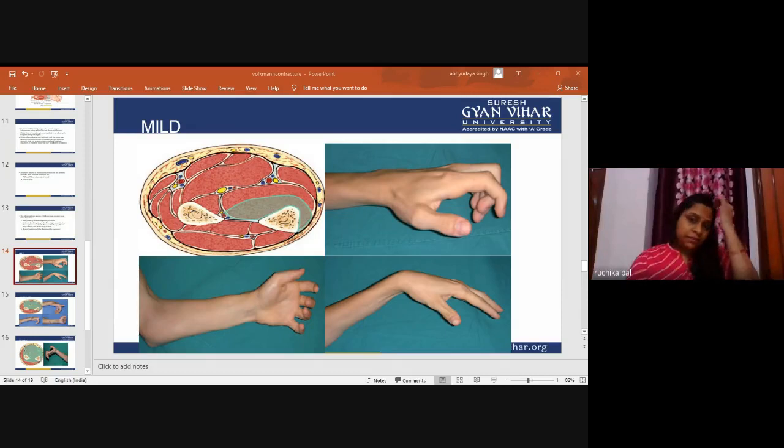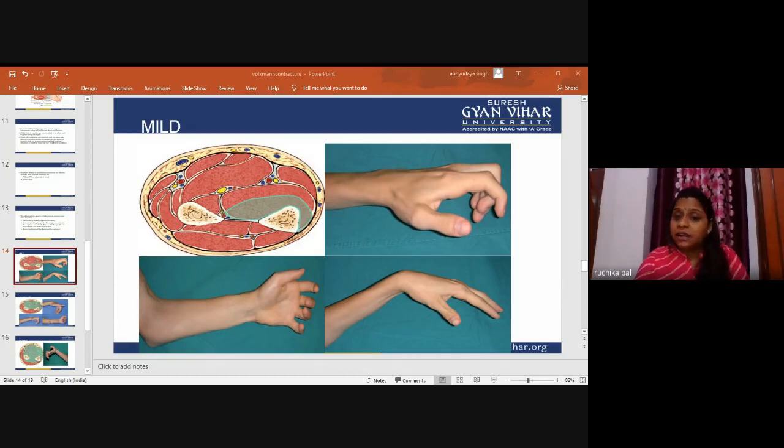Pain, we all know. Pallor is a yellowish presentation of the skin. Pulselessness is a reduction in the pulse. Paresthesia is numbness, and then paralysis.